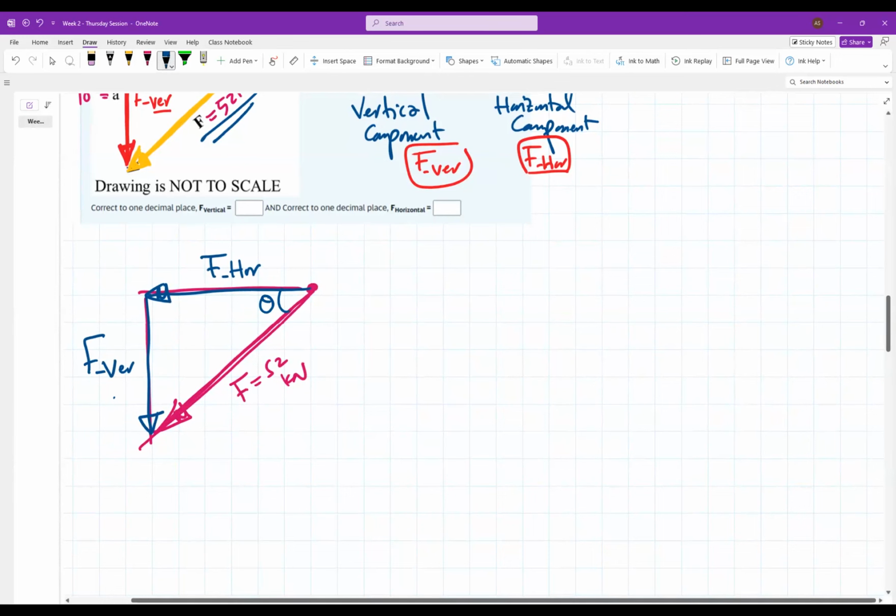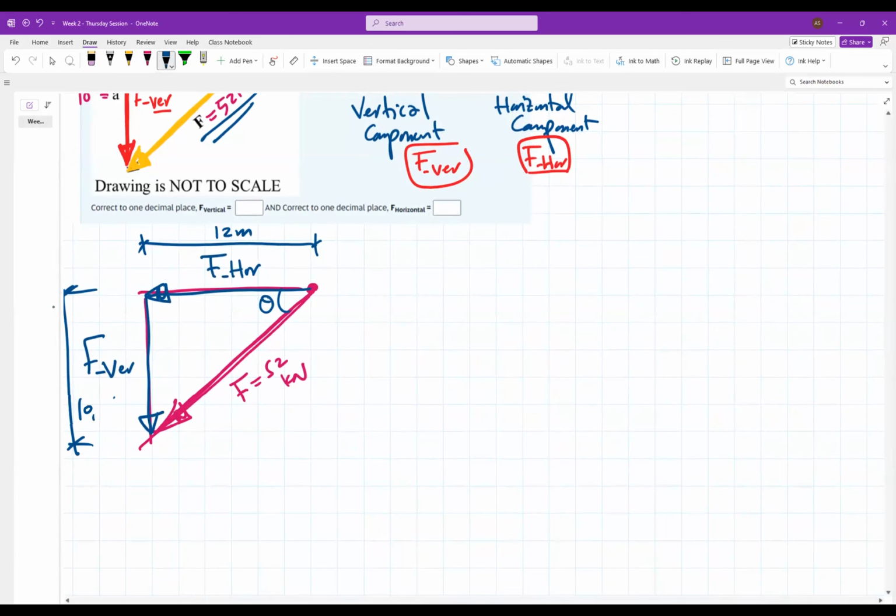The given information is that this is theta, this side of the triangle is 12 meter, this side is 10 meter, this is B, and this is A. So A is 10 meter, B is 12 meter, and this is a right angle. So how can we start?